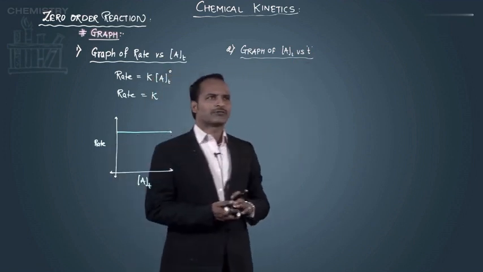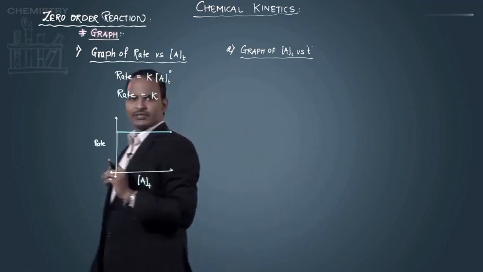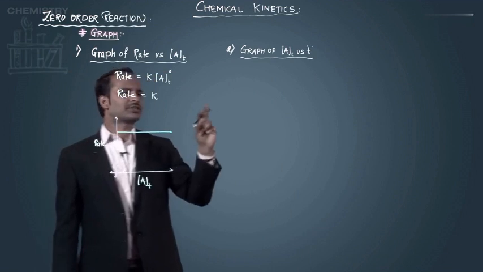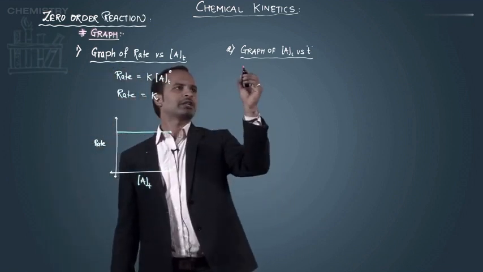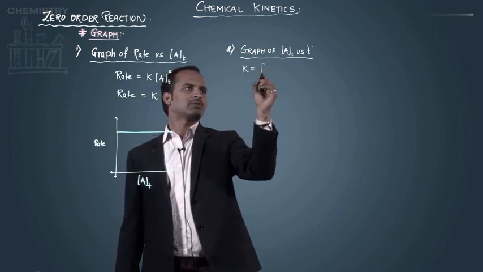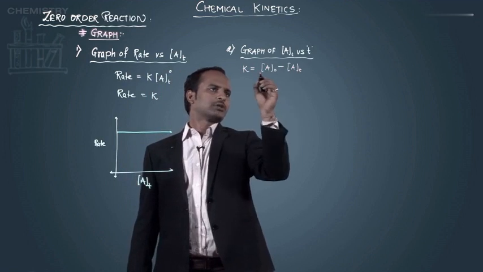Now I want to know the nature of the graph of A_t versus time. Simply, if you want to know the nature, find out the formula in which A_t and time both come together. So we have a formula in which A_t and t come together, and the formula is K is equal to A0 minus A_t upon time, which is related to the zero order only.